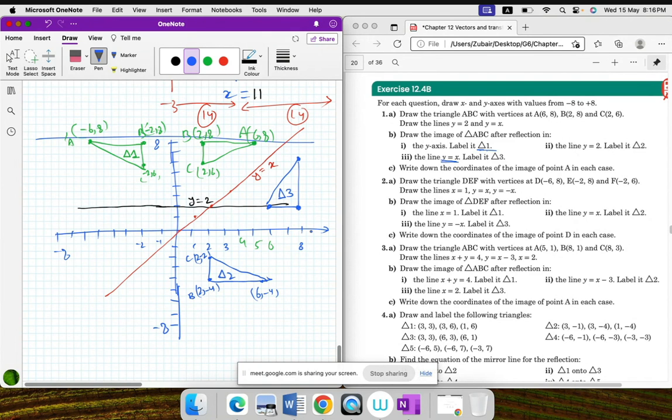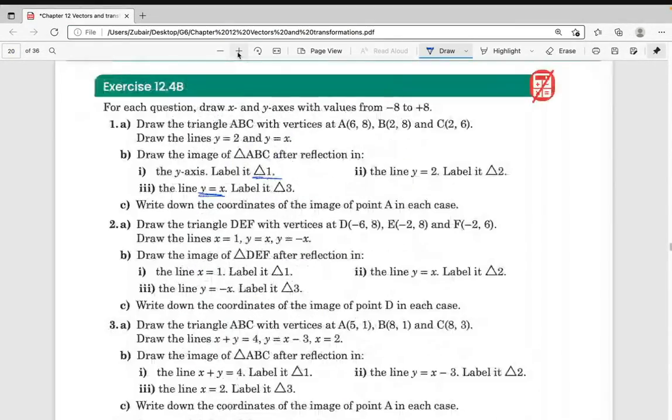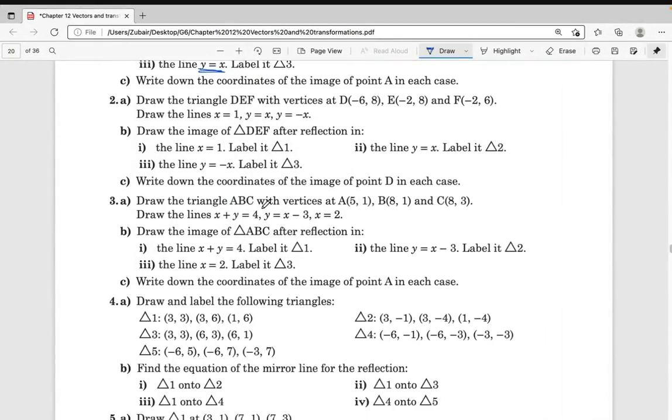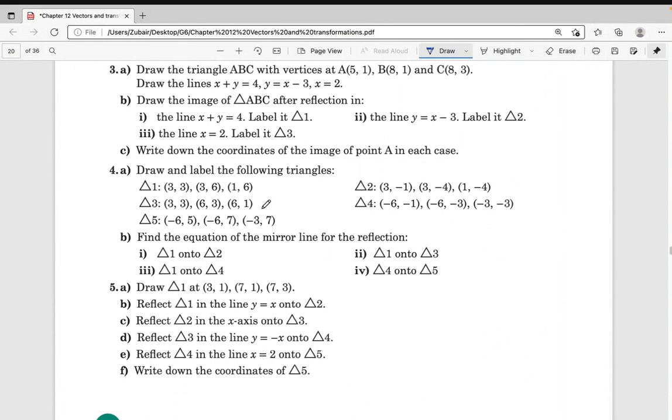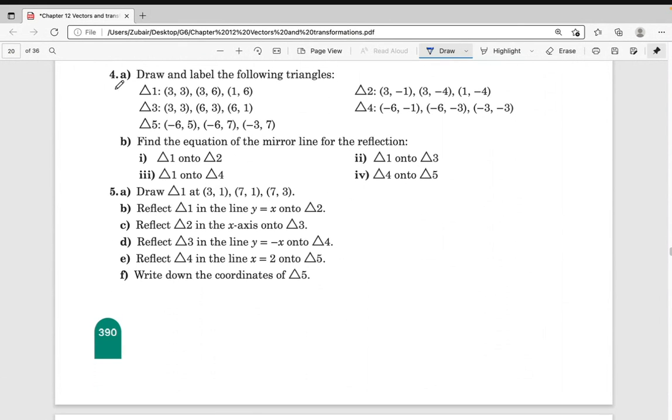You'll get better at it eventually when you start drawing it yourself. So these are all the same type of questions which need practice. Look at question number 4. It says draw and label the following triangles.